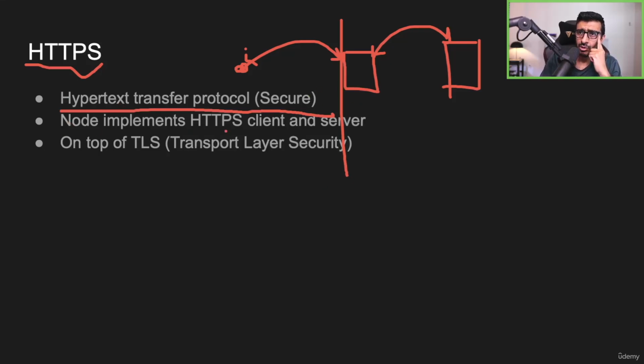So yeah, Node has support for HTTPS, both the client and the server. I need to say this because it's critical to understand the difference between HTTP clients and HTTP servers, and HTTPS clients and HTTPS servers, right?